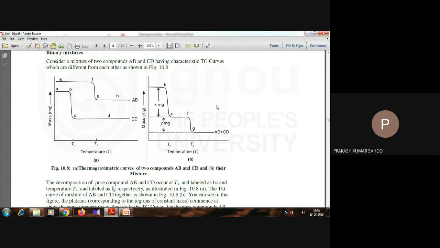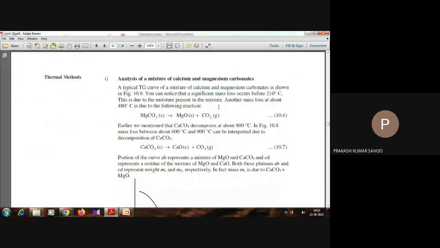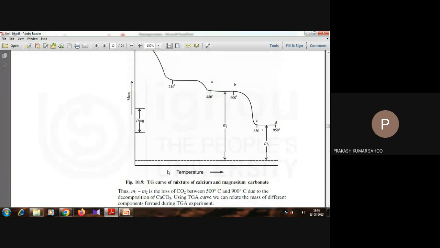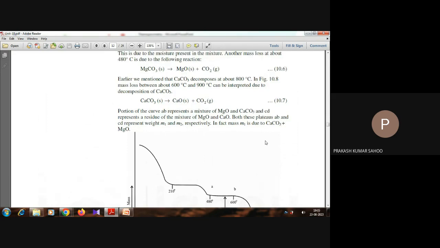This is one example, when magnesium carbonate and calcium carbonate are mixed. This is the TG curve of the mixture of calcium and magnesium carbonate. Then we have the curve, one, two, three, so three units are removed.